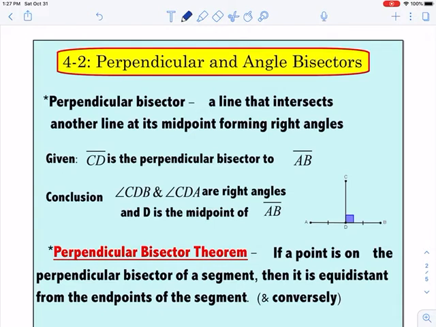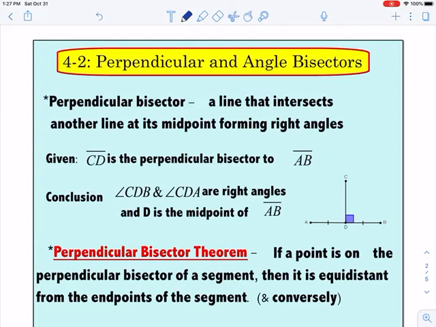So the goal of today is to do section 4.2, and 4.2 is perpendicular and angle bisectors. Keep in mind that there is no quiz in this chapter. A perpendicular bisector is a line that intersects another line at its midpoint, forming right angles.